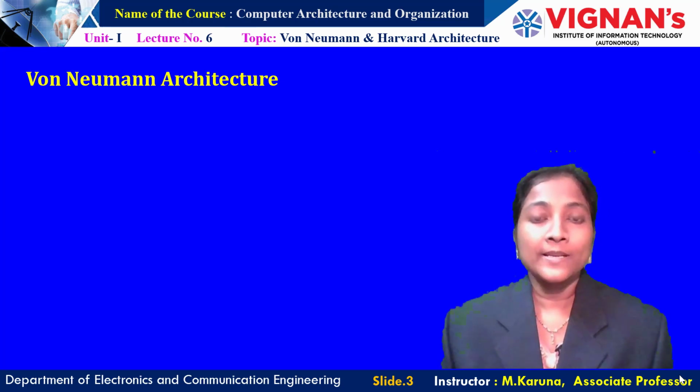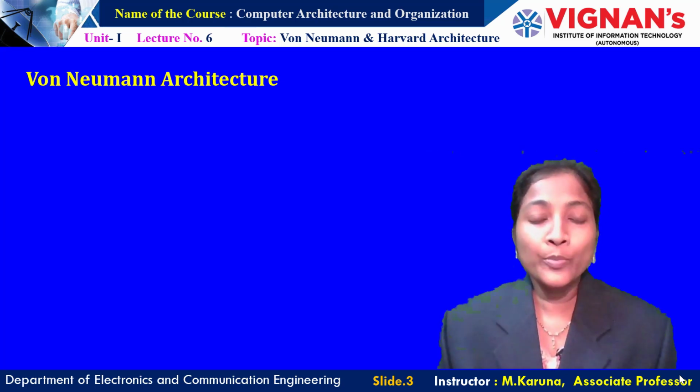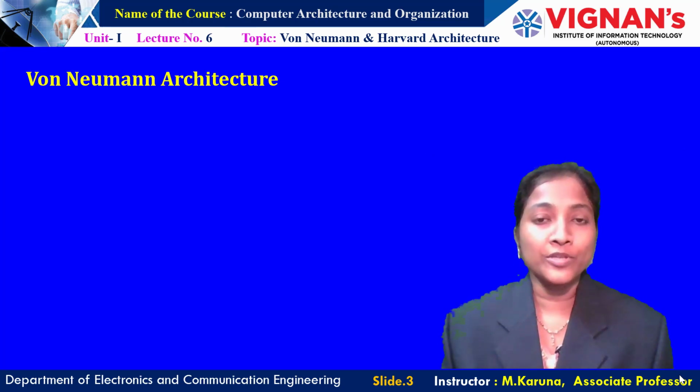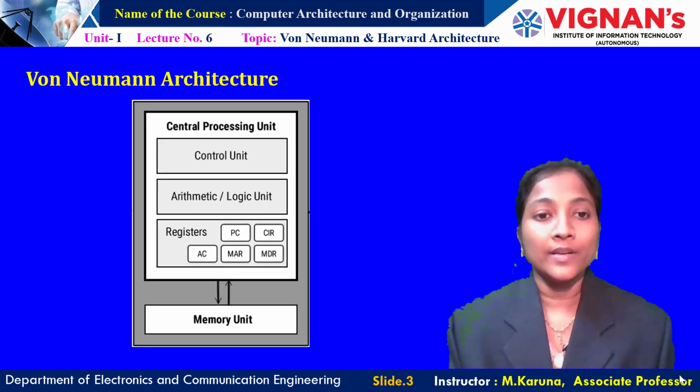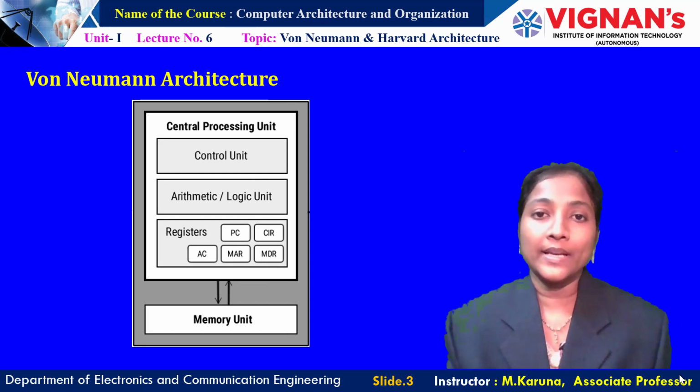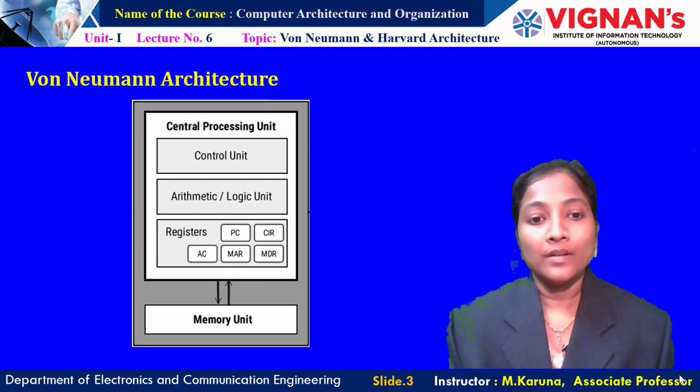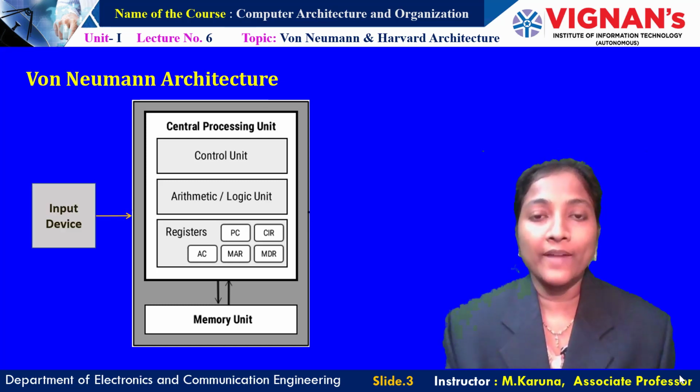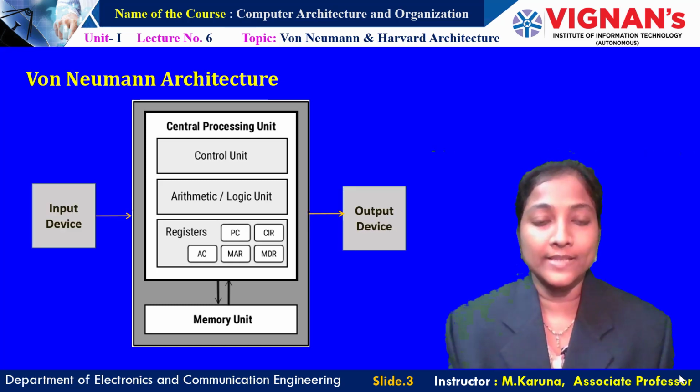His computer is based on the stored program concept. His computer architecture consists of a control unit, arithmetic and logic unit, and registers, as well as a memory unit, input device, and output device.